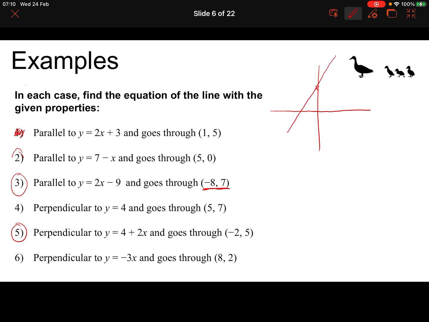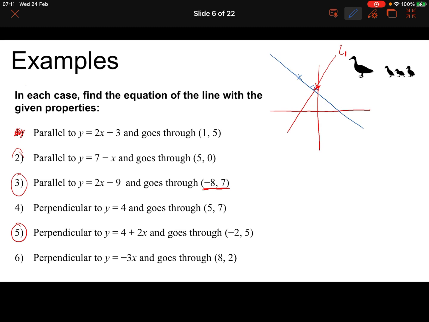So let's say it's something like this. This is my line 1. I need to find a new line that passes through (-2, 5), maybe somewhere like that. And this new line is perpendicular to my other line. It makes a right angle.